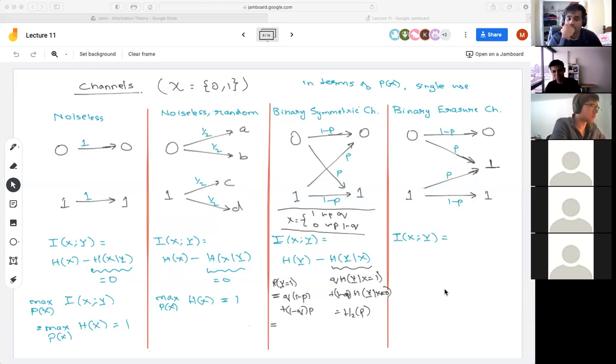And between us, we know that this will be maximized if this probability is equal to half. Because we know that y is also a 0-1 variable, and the best entropy we can hope for is when it's uniformly distributed over 0 and 1. And we know that this is equal to half for q equals half.